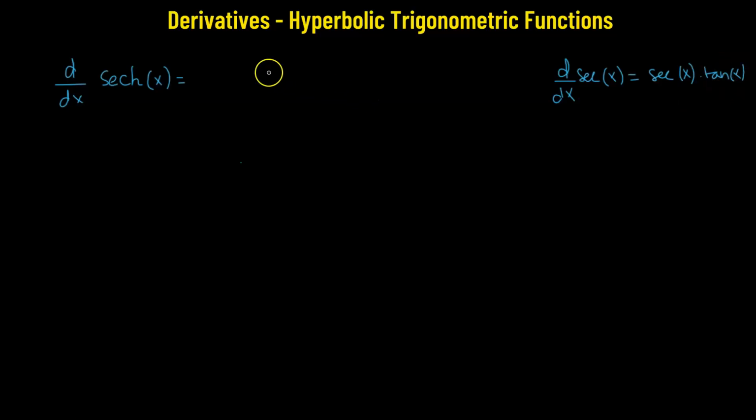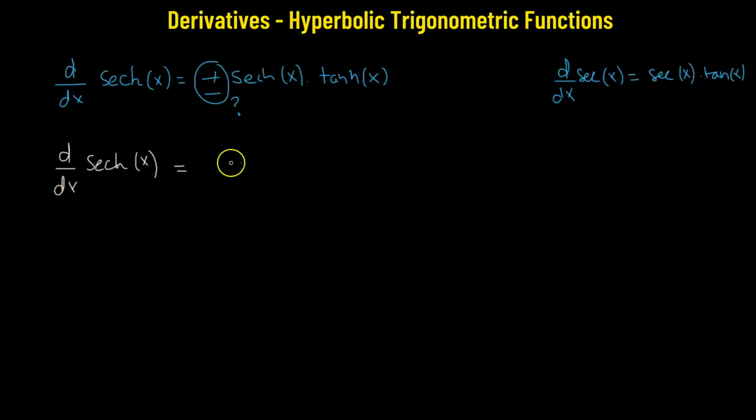So that means this is also going to have something of the form hyperbolic secant x times hyperbolic tangent x. But the question is, what about the sign? Is it going to be positive or negative? So this we need to confirm. Let's begin by taking the derivative of the hyperbolic secant function.